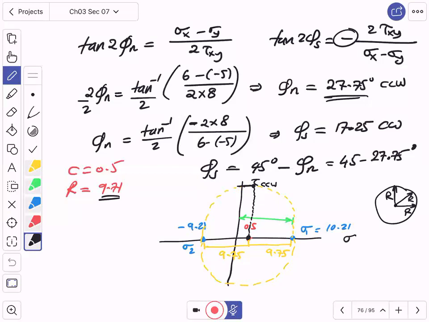So this value over here is 9.71, which is tau counterclockwise. At the bottom, we will have here the top point minus 9.71, or 9.71 clockwise.